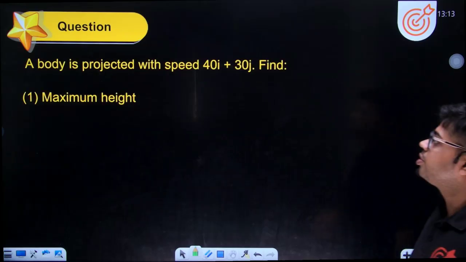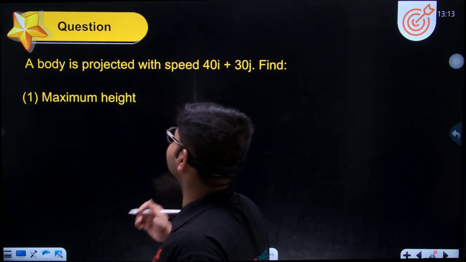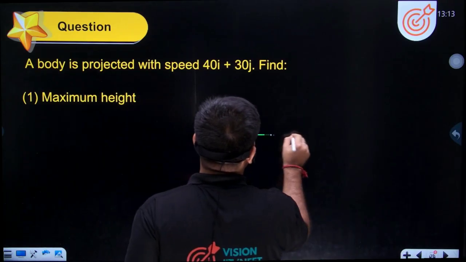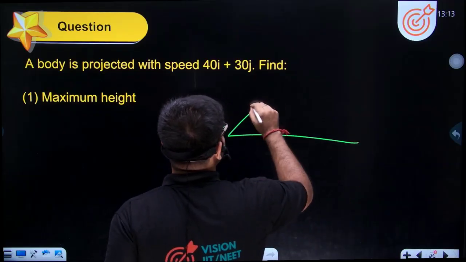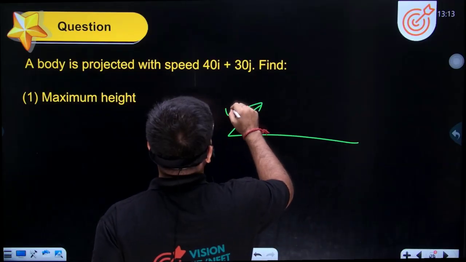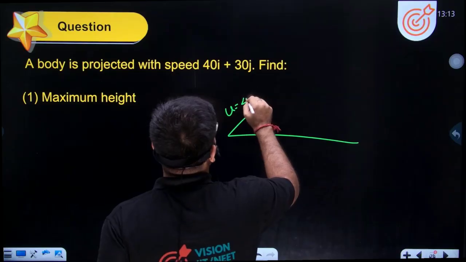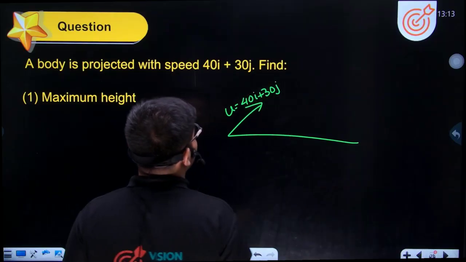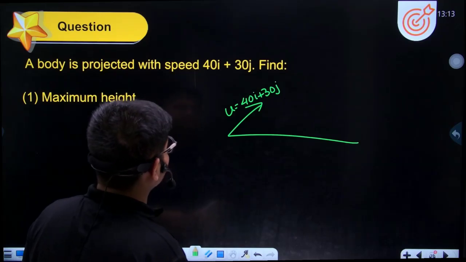First and foremost, let us find out the maximum height. You just draw the projectile here. It is like this, and your u is nothing but 40i plus 30j. So this is your u.